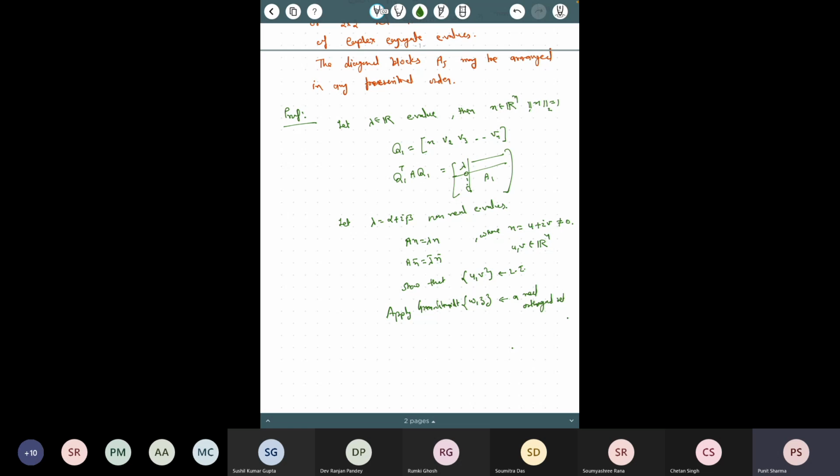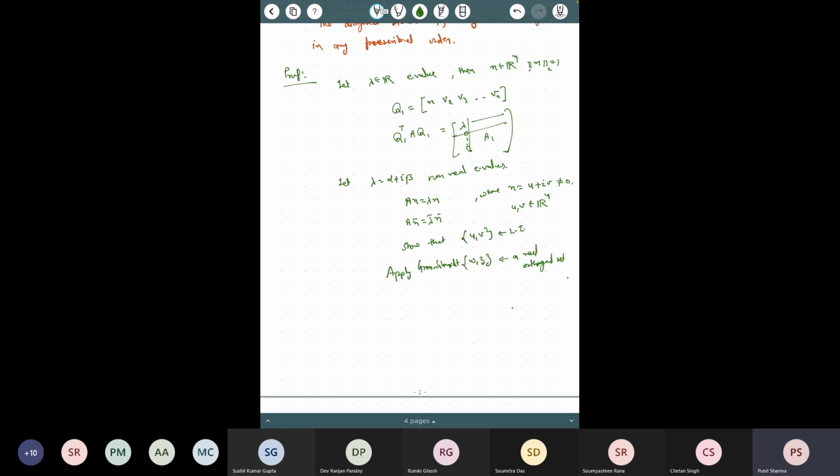Now you have two real orthogonal vectors. Now you extend these two vectors into an orthonormal basis of Rn, and then you construct a matrix Q1 where the columns are nothing but these basis vectors.